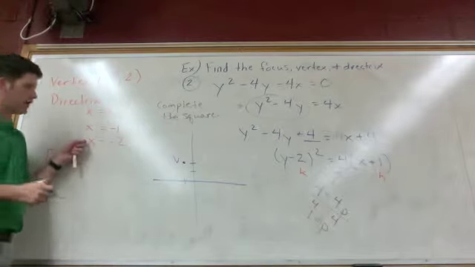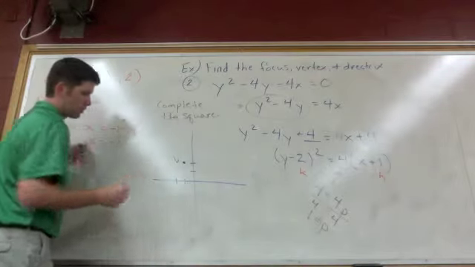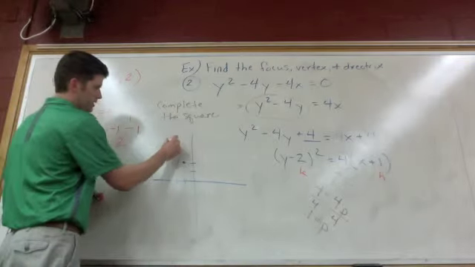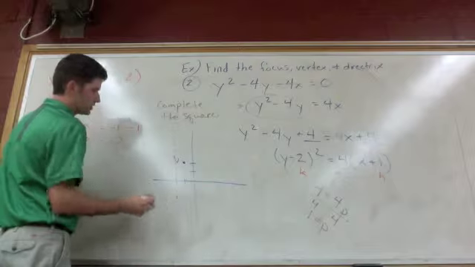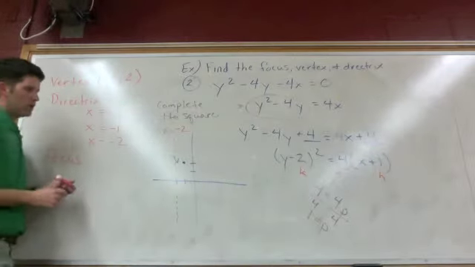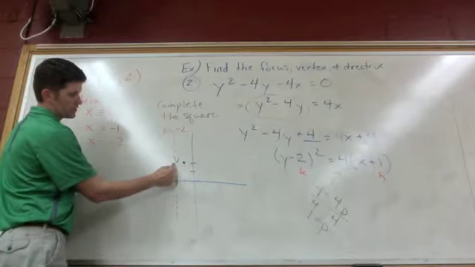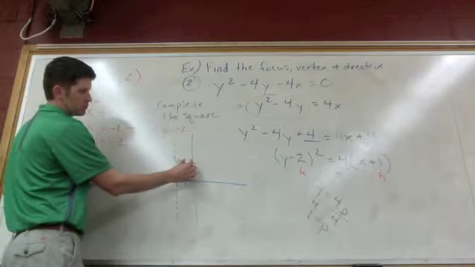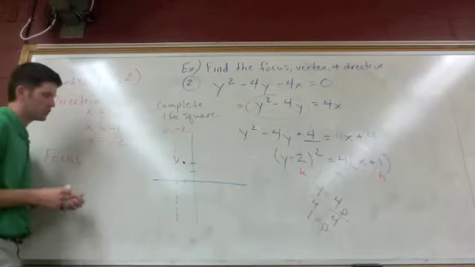So we slide over and go to negative 2. It's a vertical line, so I'm going to put a dashed line right there going through x equals negative 2. This distance from the vertex to the directrix is a length of 1, so we have to stay consistent, and the distance between the vertex and the focus will also be 1.